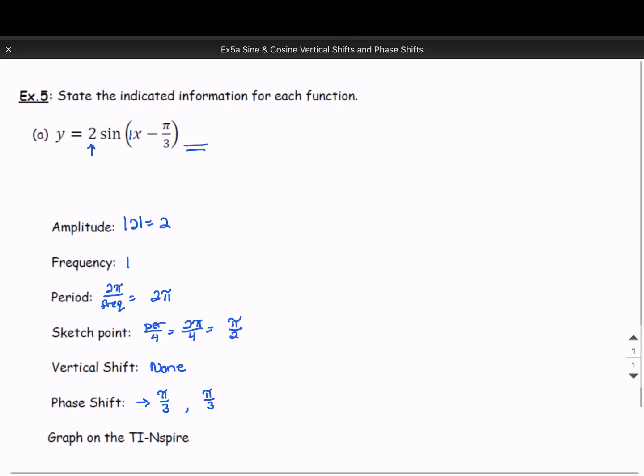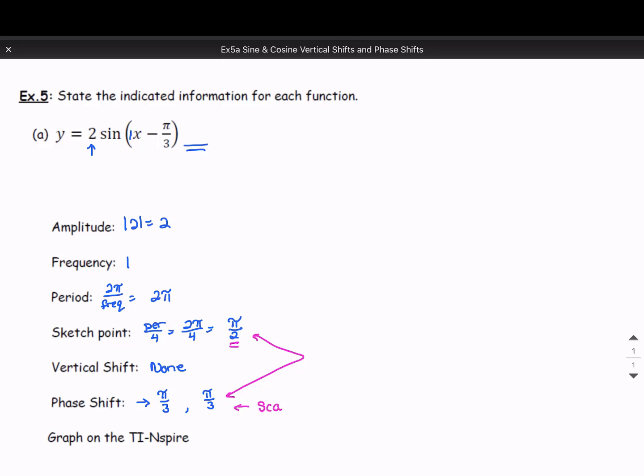Now something to note, if we were going to graph these on paper, our sketch point is pi over 2. So all we need to do is label pi over 2, pi, 3 pi over 2, and 2 pi, and we'll be able to graph. However, we then have to shift by pi over 3. That means we need to be able to see what pi over 3 is.